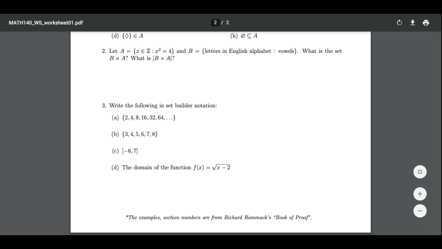Here, n has to be in N. You could do that, n in N, then 3 to 8.